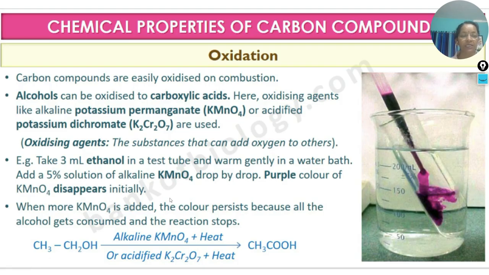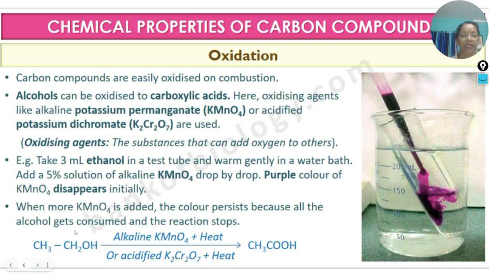And see the activity here: they are asking us to take 3 ml of ethanol in a test tube and warm gently in a water bath like this. Then add alkaline KMnO4 drop by drop. We can see that the purple color of the KMnO4 disappears at the beginning and then it remains as such. The reason is at first the oxidation reaction takes place and forms acetic acid.